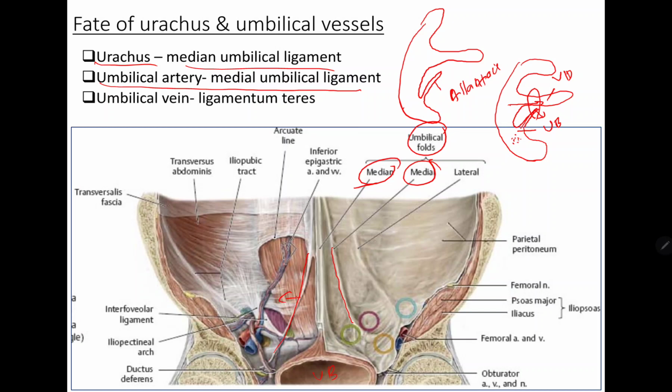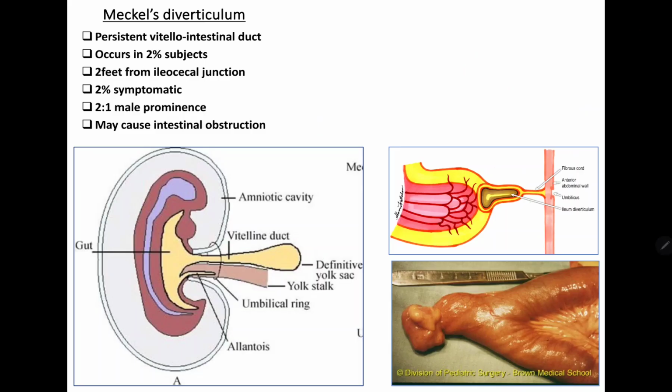Obliterated umbilical artery will form the medial umbilical ligament, and then we have the umbilical vein. This umbilical vein will be converted into ligamentum teres, which is connecting the umbilicus to the liver. There is an obliterated structure present between the umbilicus and the liver. Okay, that is known as a ligamentum teres.